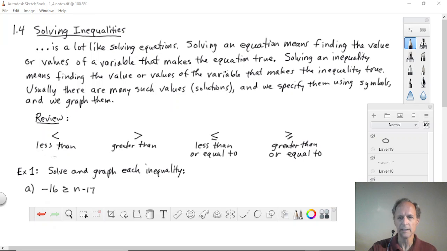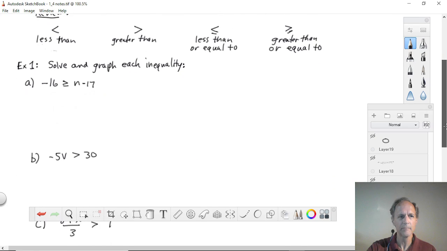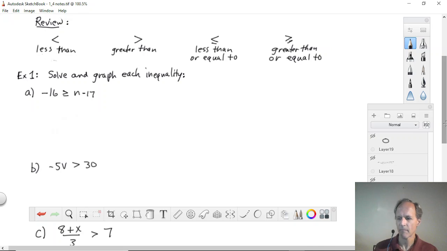So, just reviewing the symbols, first of all, you have less than. The less than symbol is like that, greater than. Then you can also have less than or equal, or greater than or equal. Okay?